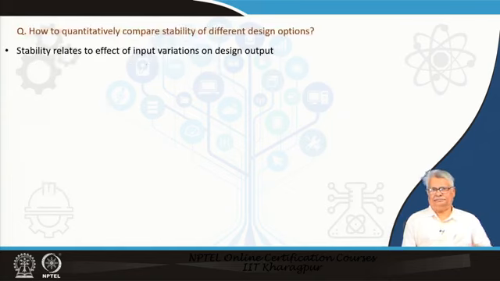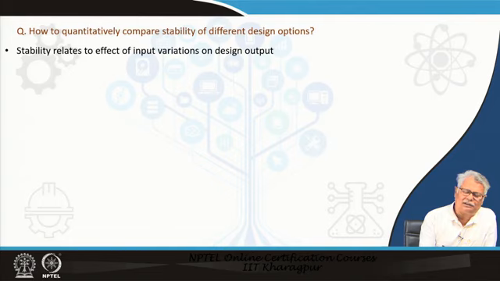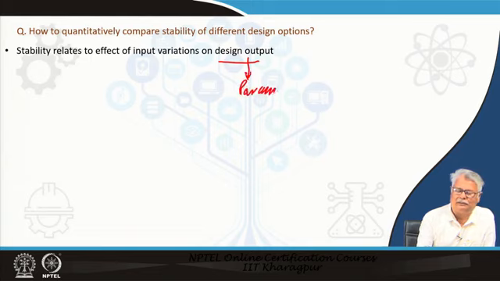Let us see that. The question now is how to quantitatively compare the stability of different design options. See, whenever you are designing something, there is a design output. That means a set of parameter values which are from the design outcome.